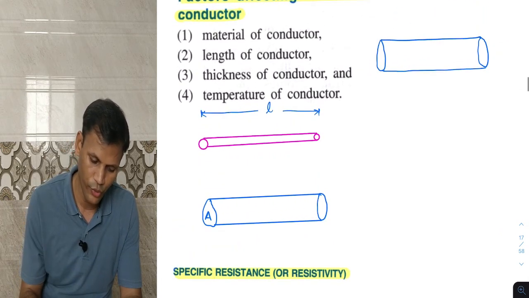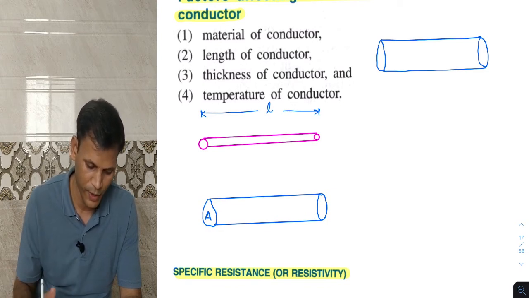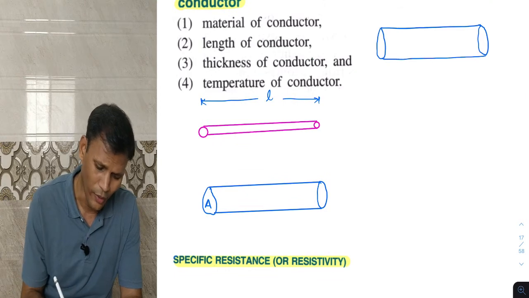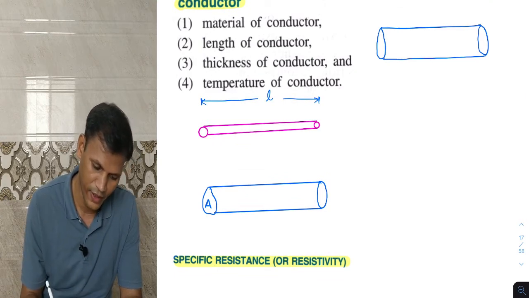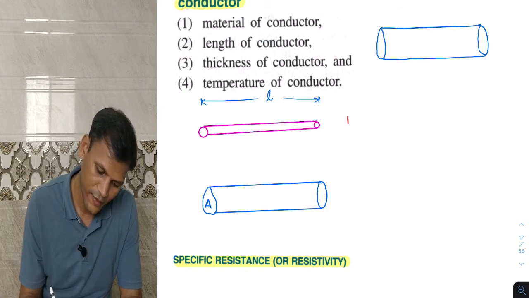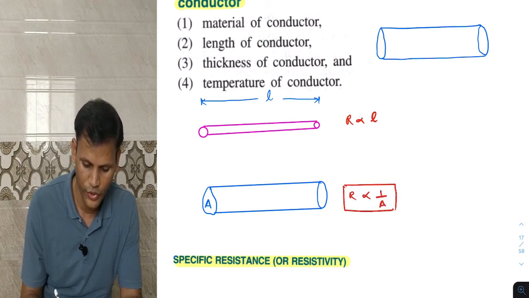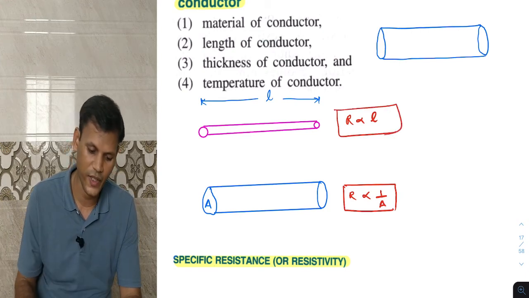So no need to do all these terms because I have explained already. So we can say, okay, what conclusion we have made? Just we can write. Resistance of a conductor will be directly proportional to length and resistance will be inversely proportional to area of cross section. These two conclusions we can make from this.